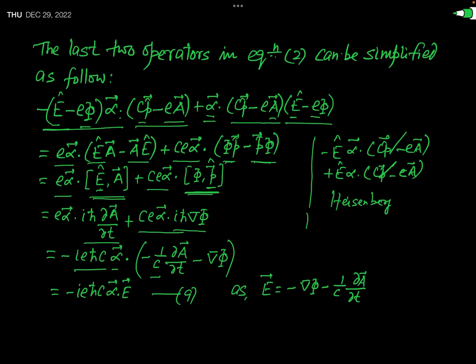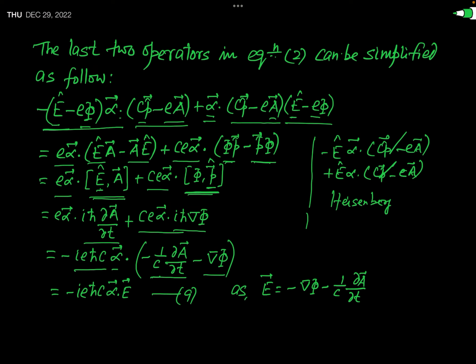Since we have taken minus as a common factor, and both terms in this equation are positive, we will take both terms now negative. So this is minus i h bar c alpha dot, minus 1 by c del A by del t and minus del phi.